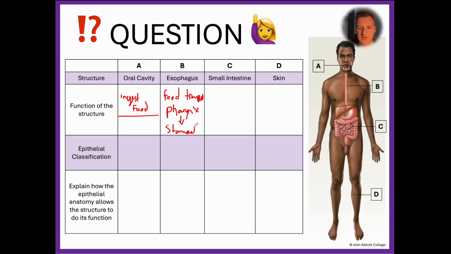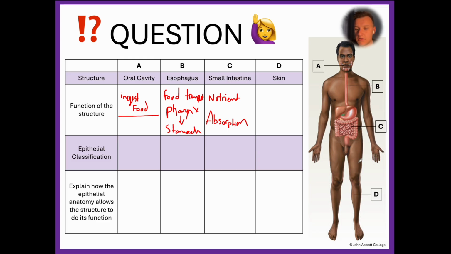That's pretty much its only job. The small intestine here, C, the main function here is nutrient absorption. So to absorb all the good stuff that you just ate. Without it, we would not have nutrients and we would die. That was morbid. Nutrient absorption.